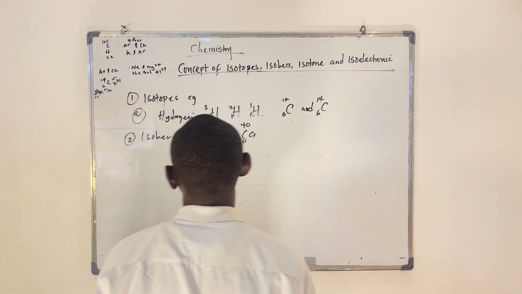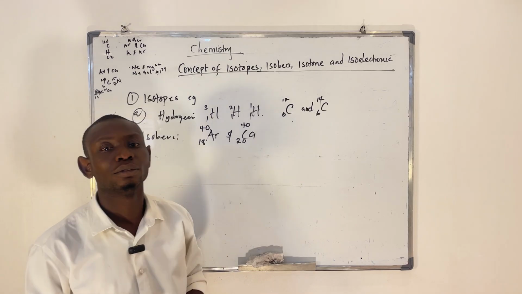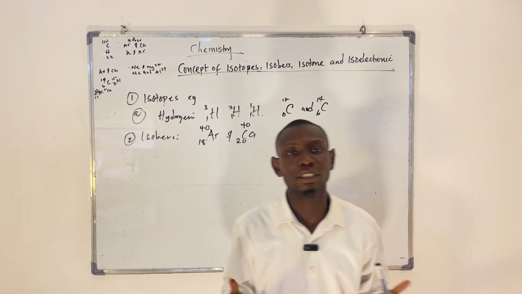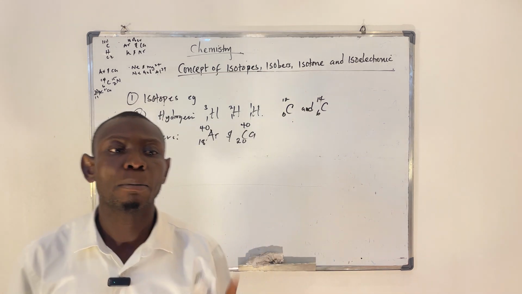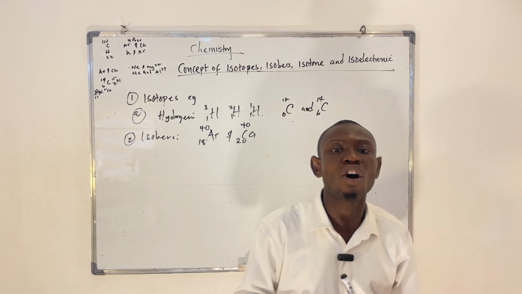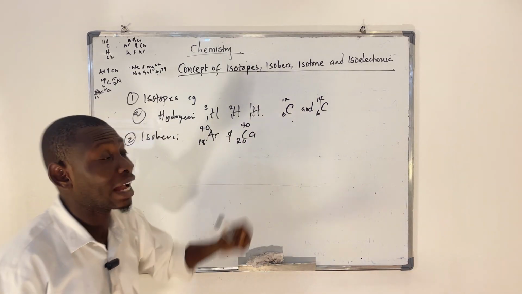The third one is isotone. What is isotone? Isotones are atoms of different elements with different mass number and atomic number, but the same number of neutrons. It's very easy to understand what we mean by isotone.